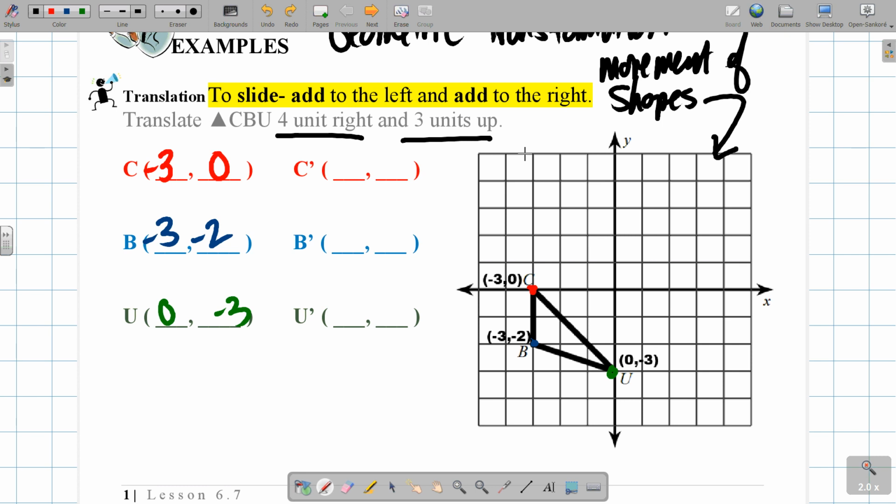Now, since you're working on paper, it is possible just to physically bunny hop these points. Let's do that just with this 1 point. Right and up are of course positive. Left and down, of course, are negative.